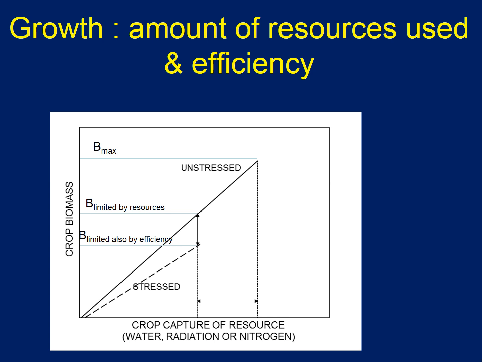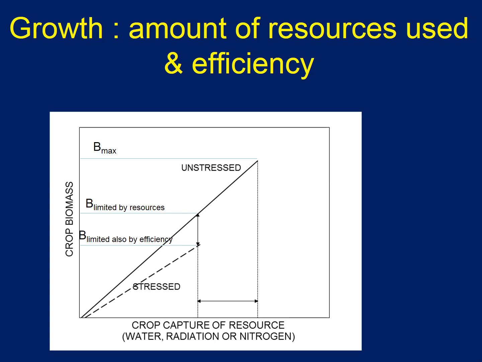So the total amount of resources, which can be water or radiation or nitrogen, are maximum. If we reduce the amount of resources captured by the crop, we would have this amount of biomass limited by resources.